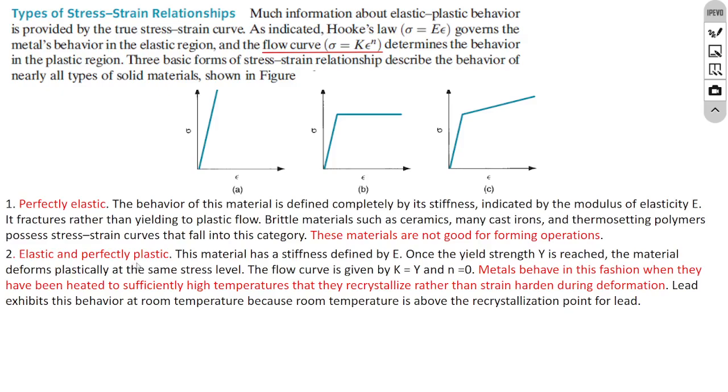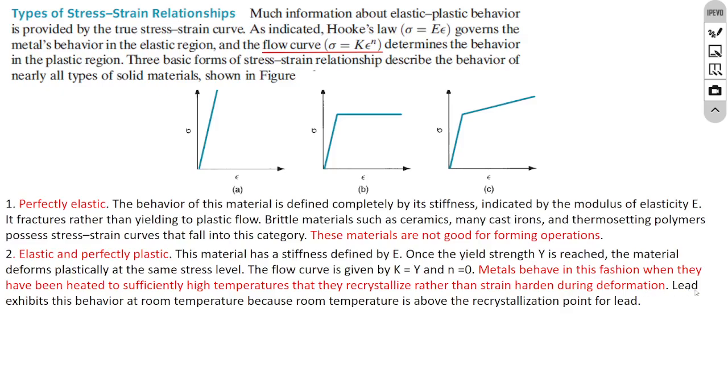Elastic and perfectly plastic, figure B. If it is perfectly plastic, then the strength coefficient will be equal to the yield limit, and the power of true strain will be equal to 0.